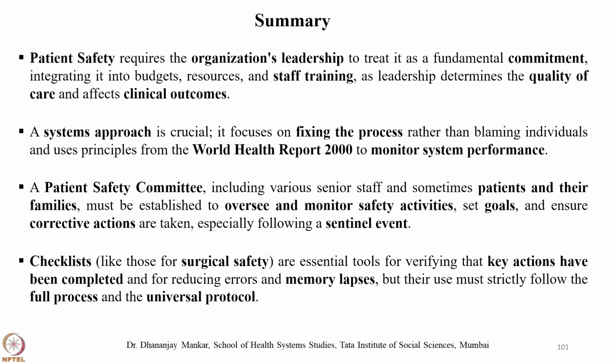Checklists, for example a surgical safety checklist, are essential tools for verifying that key actions have been completed and for reducing errors and memory lapses. But their use must strictly follow the full process and the universal protocol.